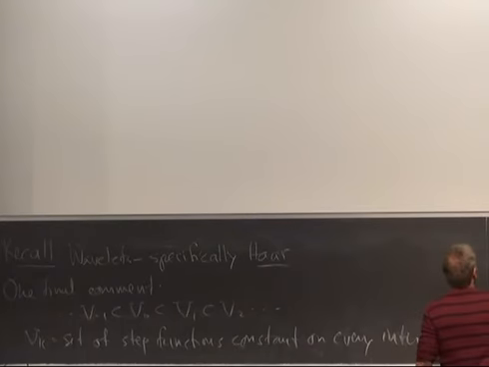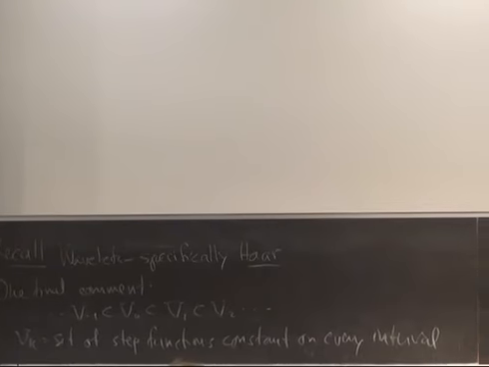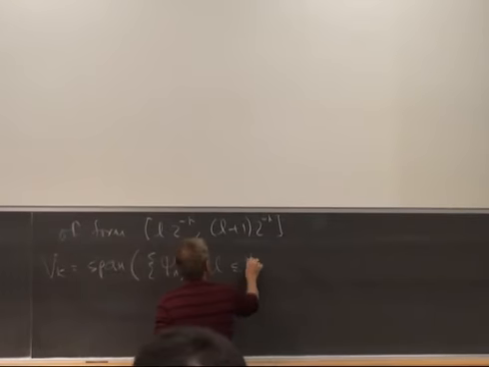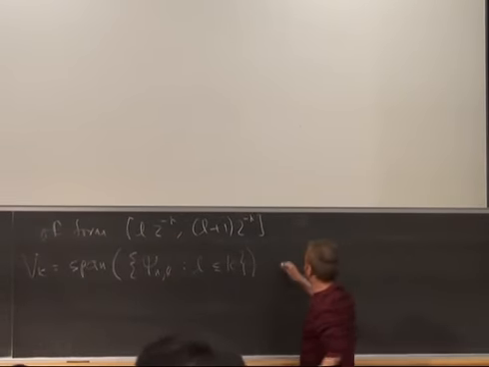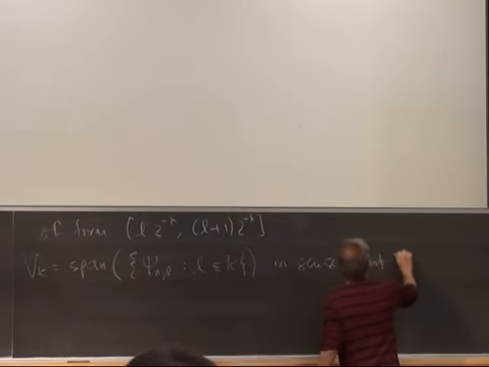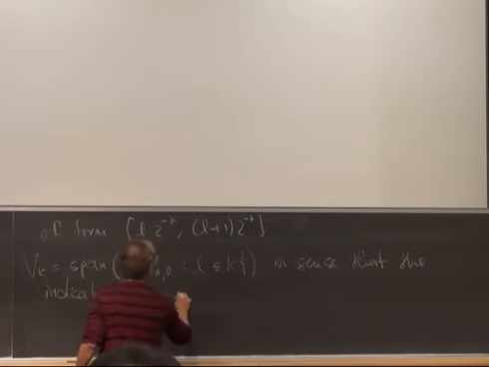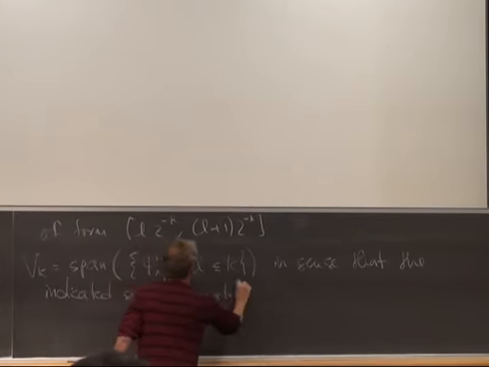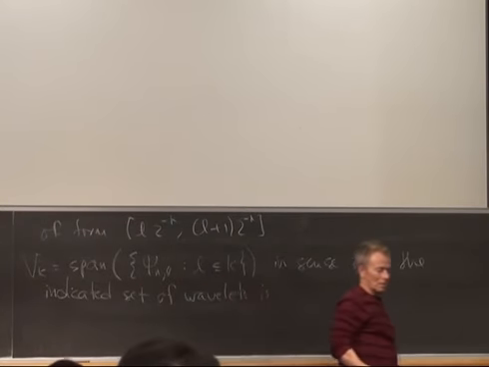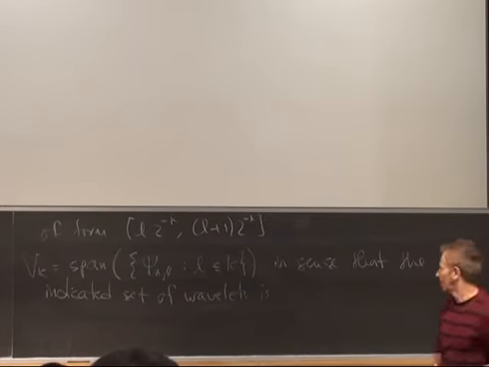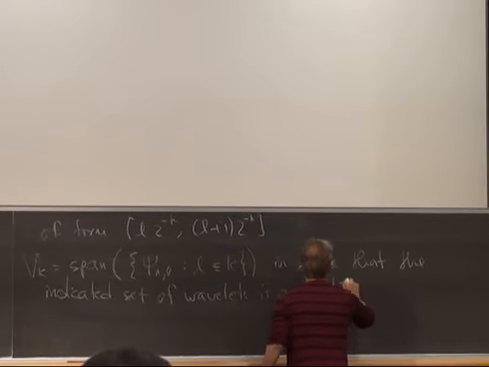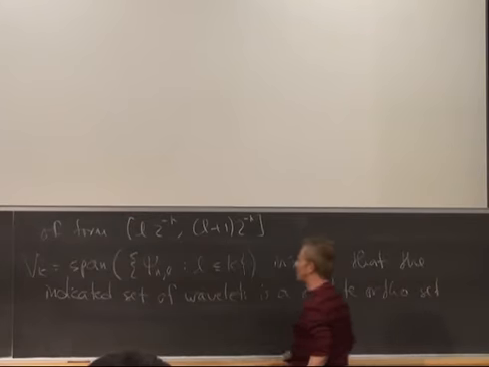It turns out that Vk is equal to, well, I'll write it this way first: the span of the set of all wavelets of the form psi n comma L, where L is less than or equal to k, in the sense that the set of wavelets inside these parentheses is a complete orthonormal set in Vk.